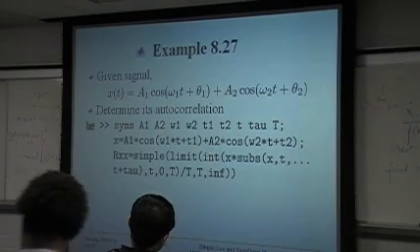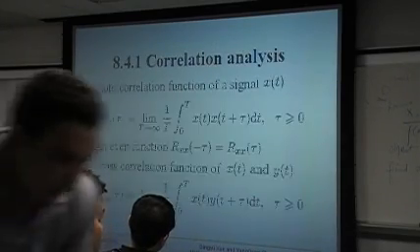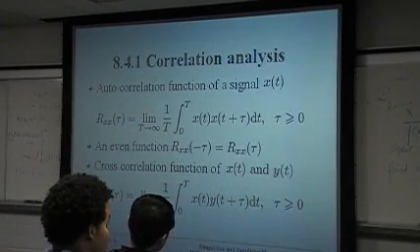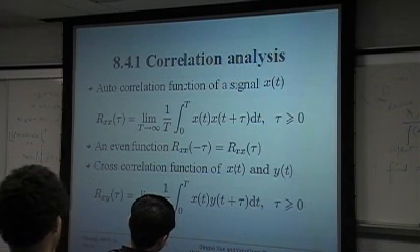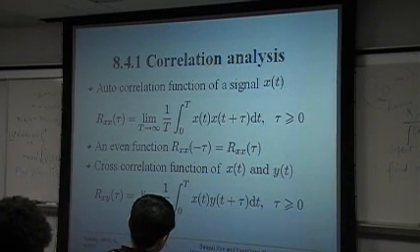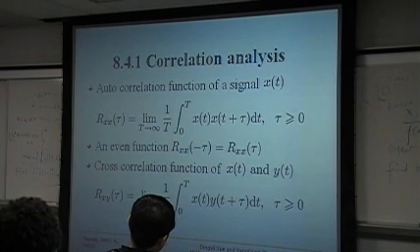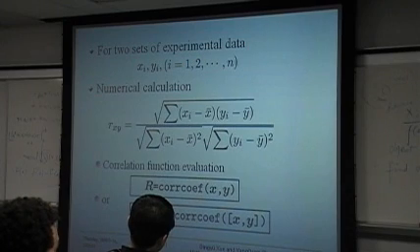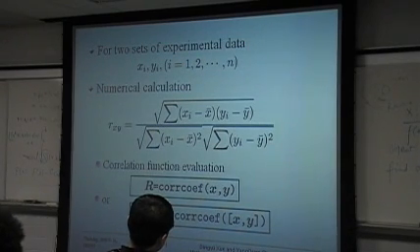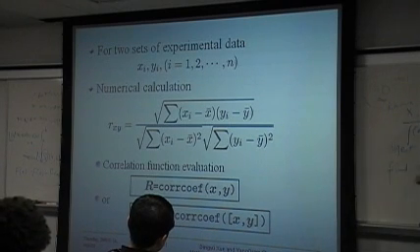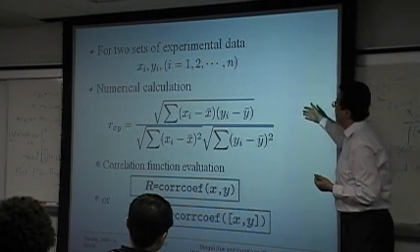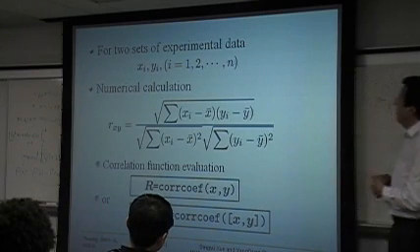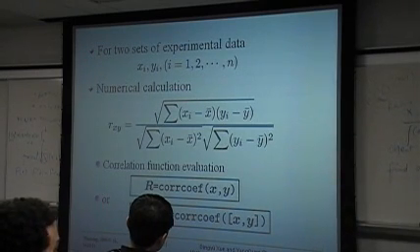If you are using the theoretical method, you can find the autocorrelation and cross-correlation of two functions using direct commands in the symbolic toolbox. You can find the theoretical results. And if you have one or two sets of data, then you can also perform a correlation analysis. For instance, you can use this kind of formulas to find the cross-correlation or autocorrelation.